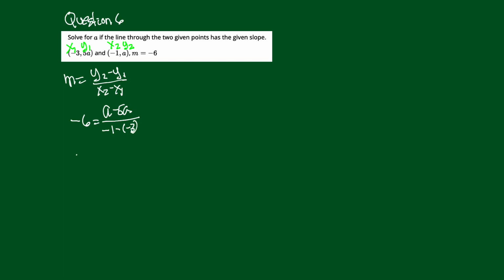Let's simplify here. Negative 6 is equal to a minus 5a, which is negative 4a, over negative 1 plus 3. So negative 6 is equal to negative 4a over 2. Now 2 will go into 4 twice, so I'll get negative 2a. Let's divide both sides by negative 2. Negative 6 divided by negative 2 is 3, which is equal to a.